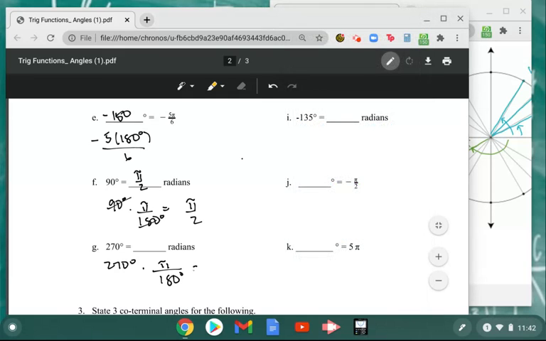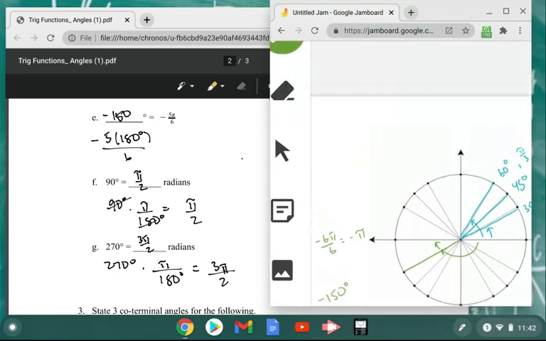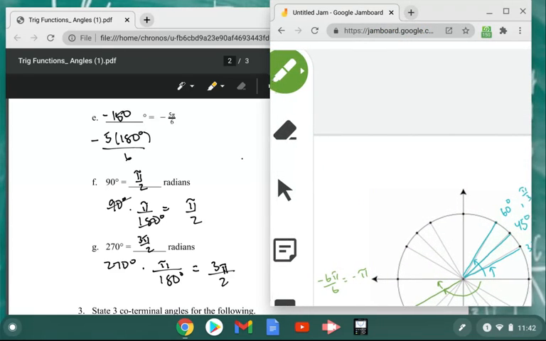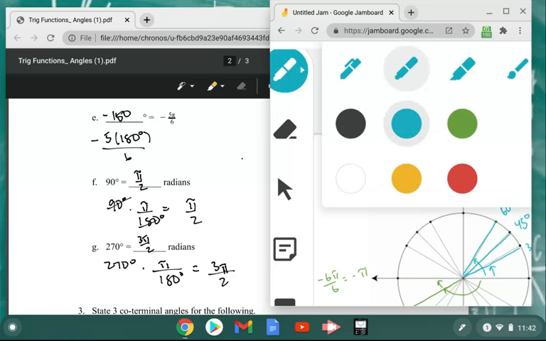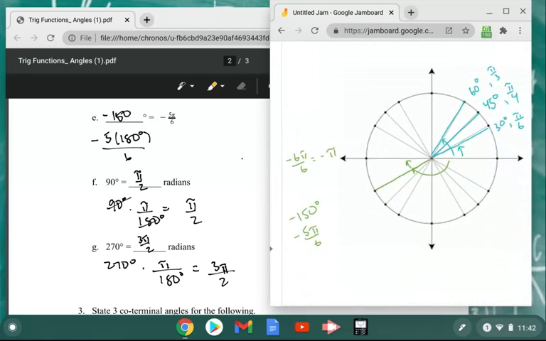So I have 3 pi halves. In terms of my unit circle, let me grab my blue pen again. I want to show you how to start using radians. They're really nice for counting increments. They're actually nicer than using degrees for counting increments.